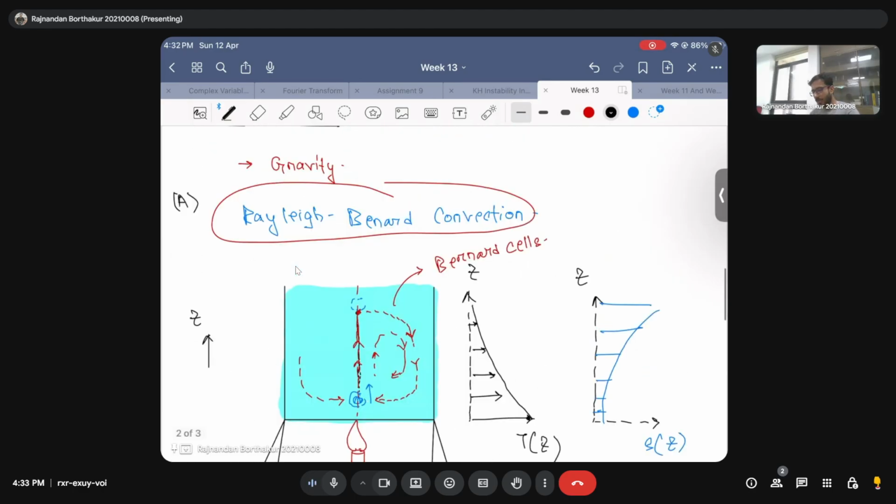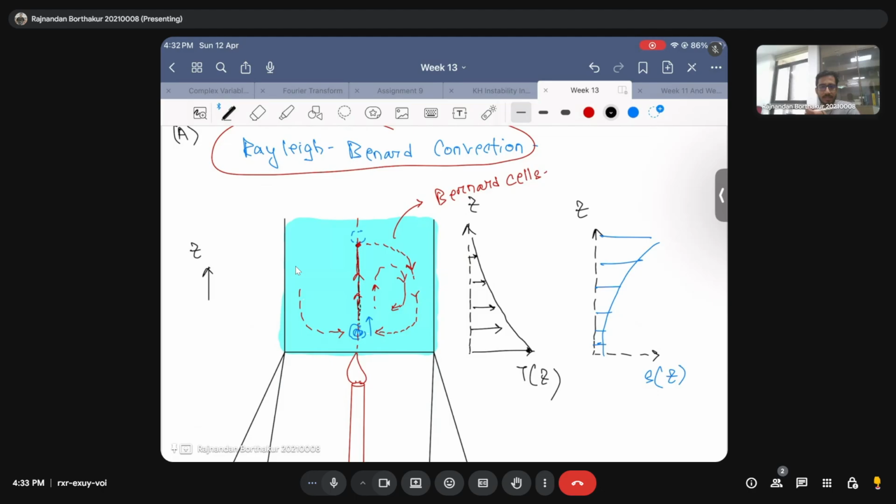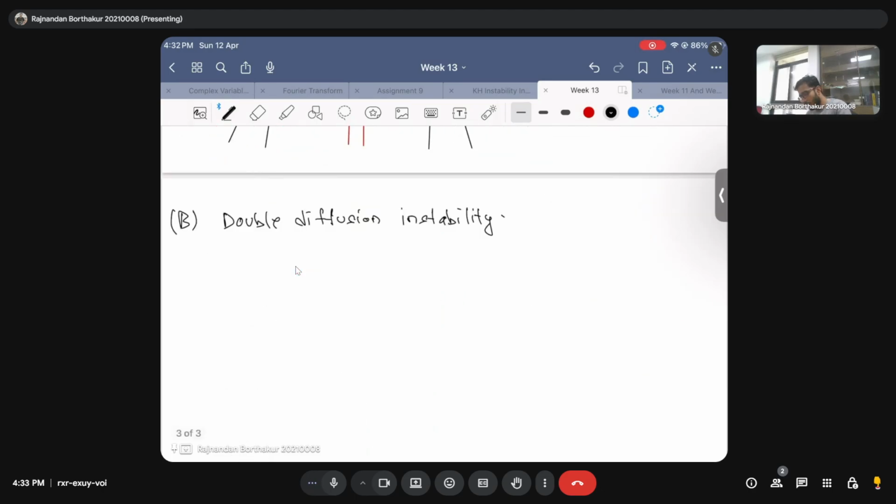You can understand it from the Rayleigh-Bénard convection itself. But now what you do is, with water you add some salt. So if you have a salt and water system, this is a classical example of where you see a double diffusion instability. Then what happens?